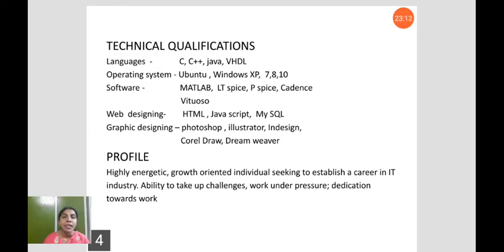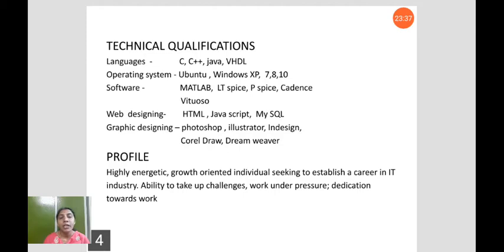That means he is a person who can tackle different situations, take decisions and undertake challenges. So employers want people who take challenges.